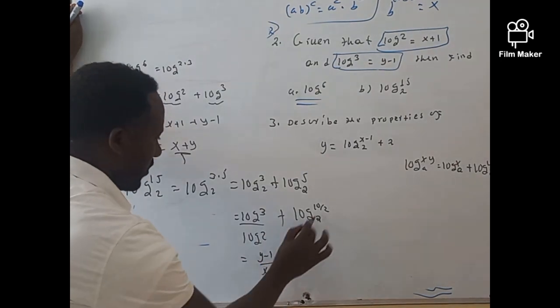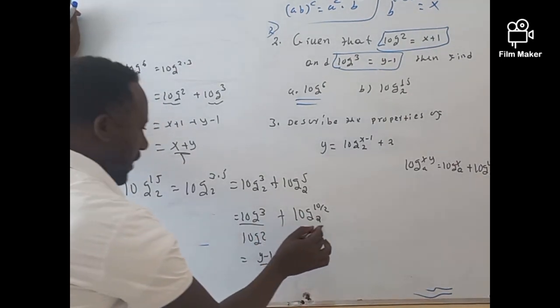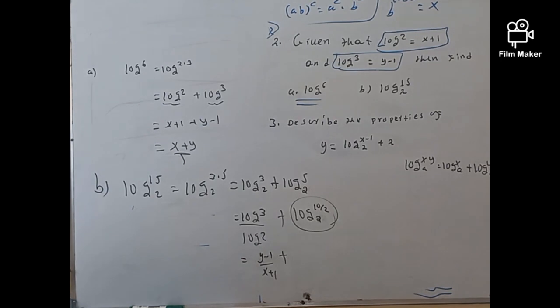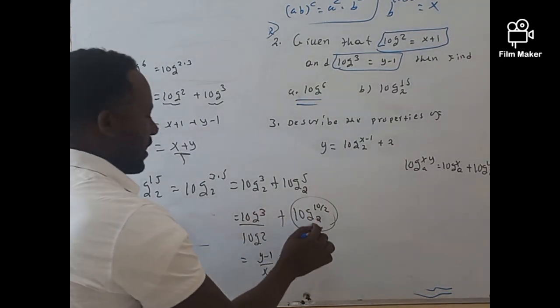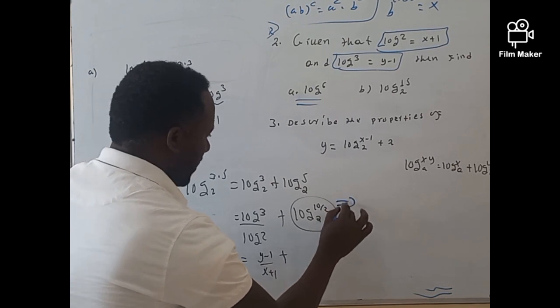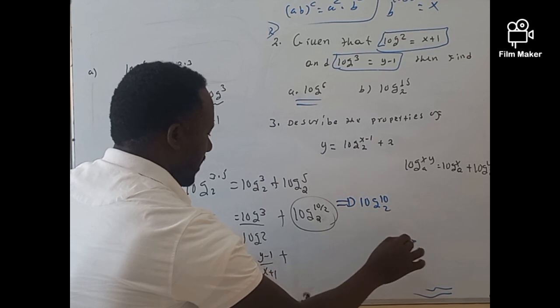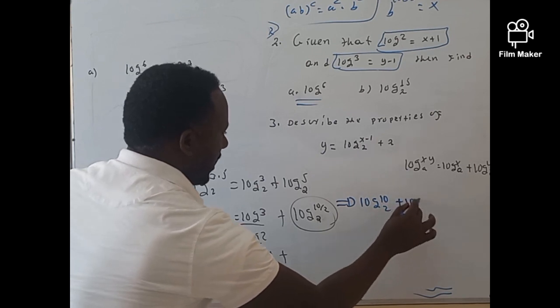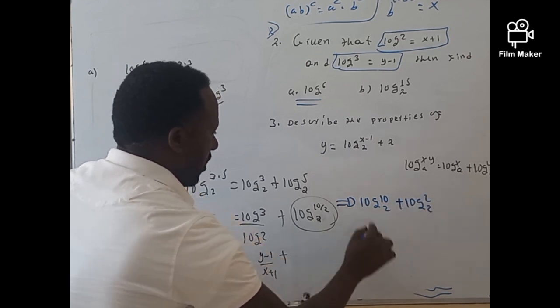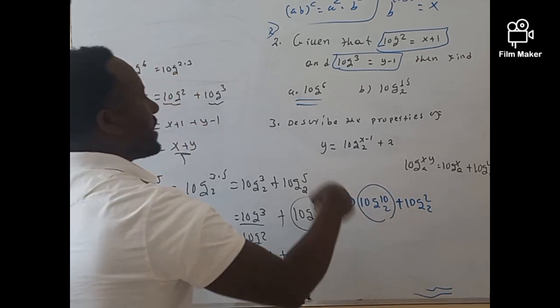And what's this value in general? When you come to this one, how are we going to solve log 10 over 2 to the base 2? This is written simply as the logarithm of 10 to the base 2 plus the logarithm of 2 to the base 2. Obviously, this is the reciprocal.